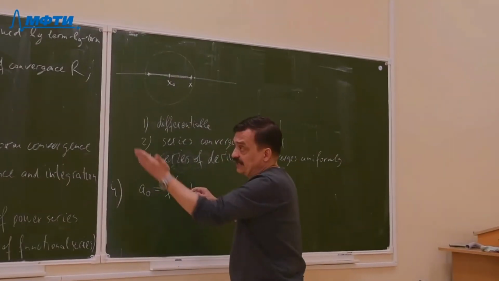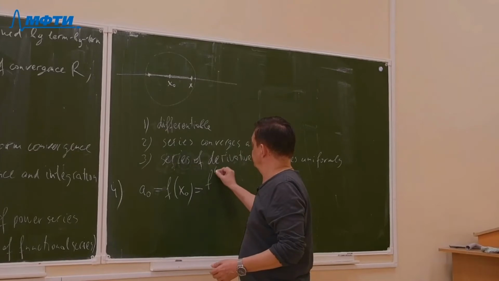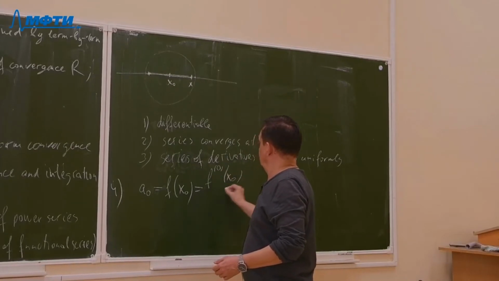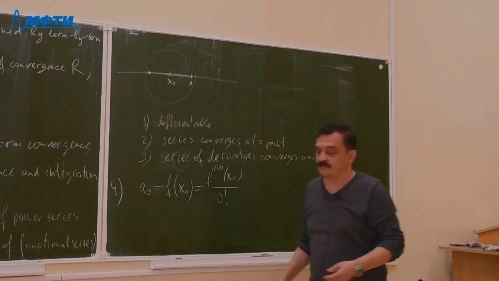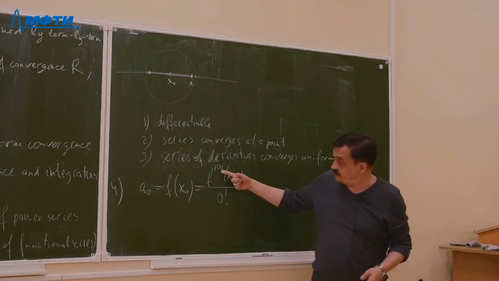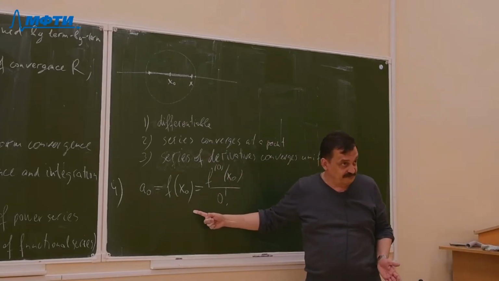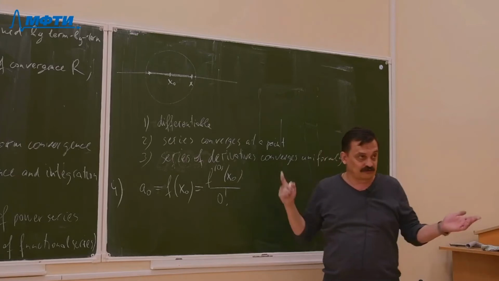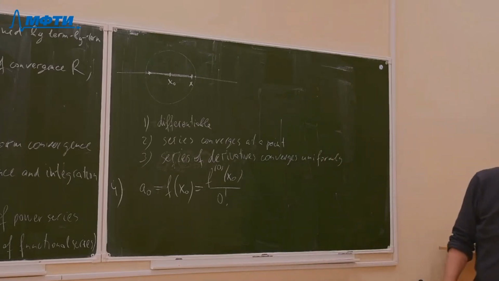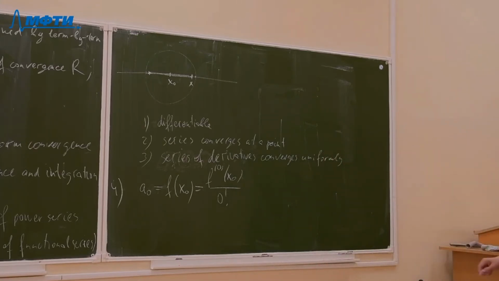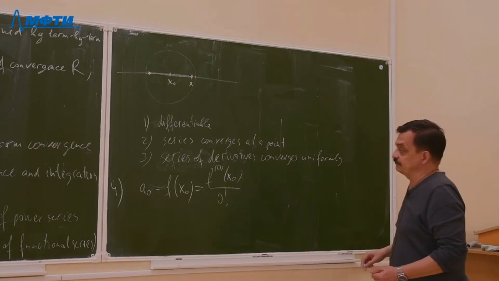And that is precisely what was written. Recall our agreement, the 0th derivative is the function itself, 0 factorial is 1. So that is precisely what was written.